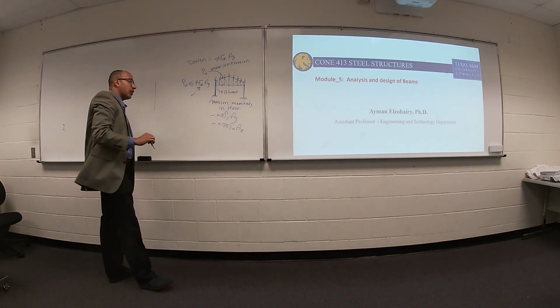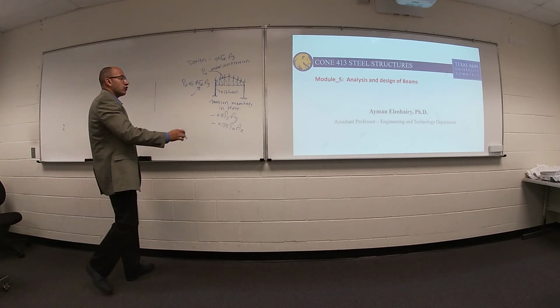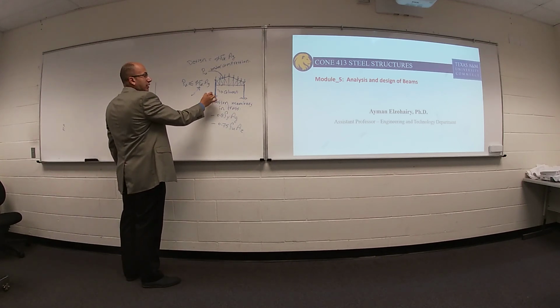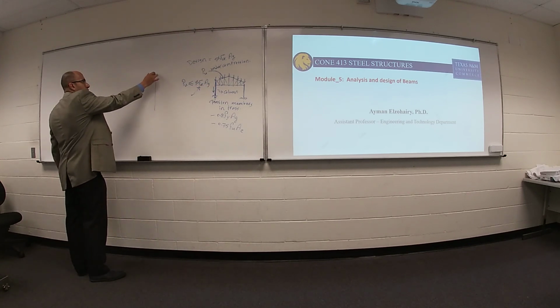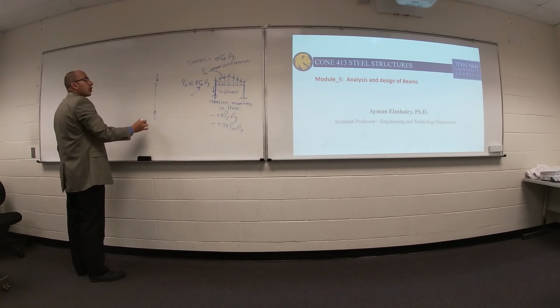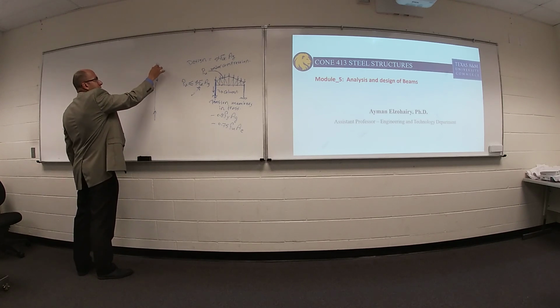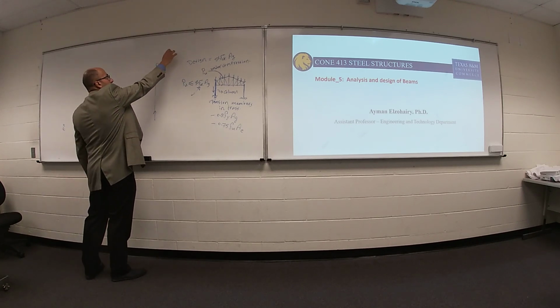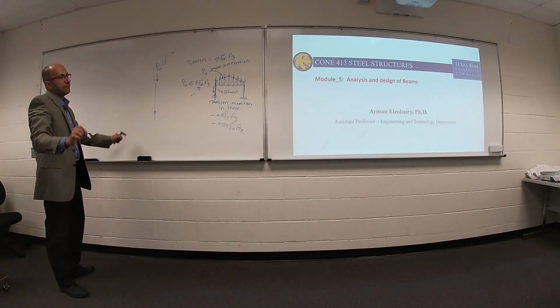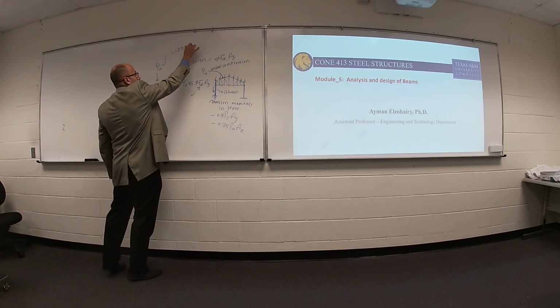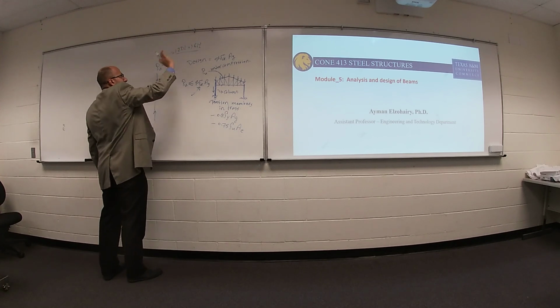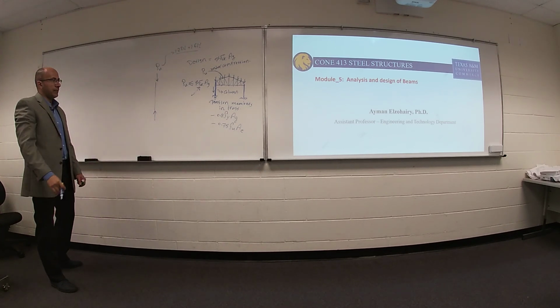And you are able, using RISA, to get your reaction or your normal force in this member. Your normal force on your column called P ultimate, which is coming from your combination. It's a very simple combination, 1.2 dead load plus 1.6 live load. If you don't have anything else, dead load and live load.